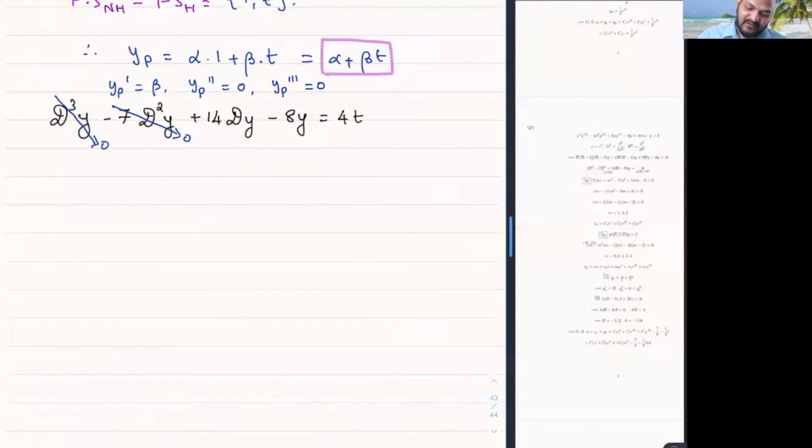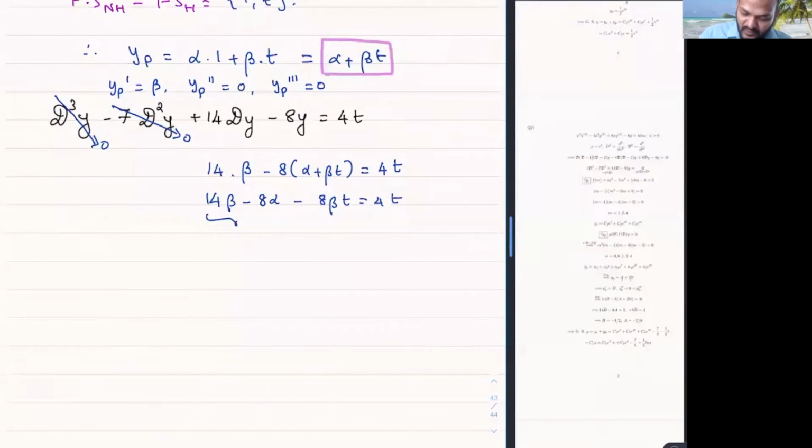So what I have here is 14 times the derivative, which is beta, minus 8 times alpha plus beta t, must be equal to 40. So this tells me 14 beta minus 8 alpha minus 8 beta t is equal to 40.